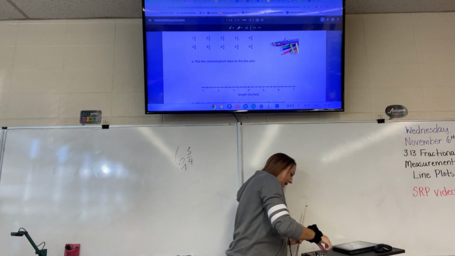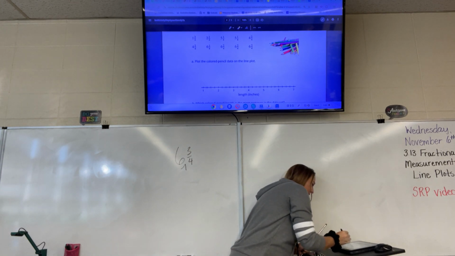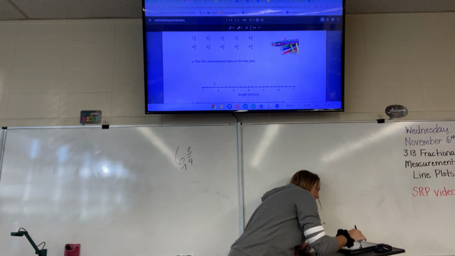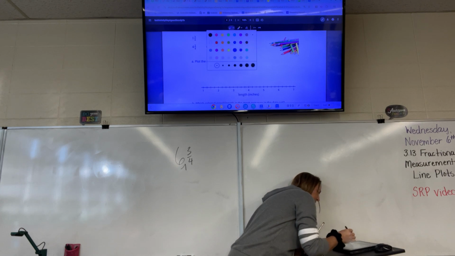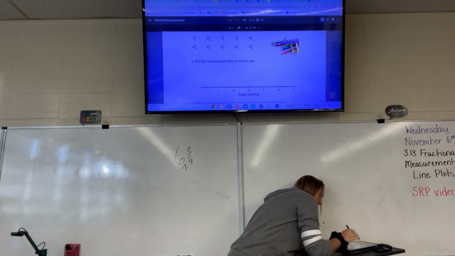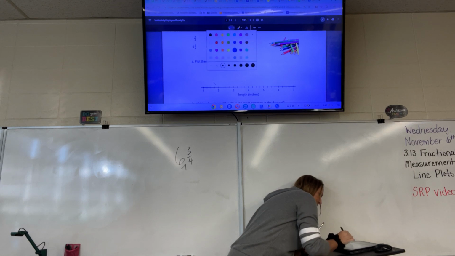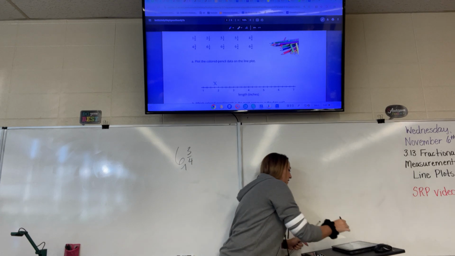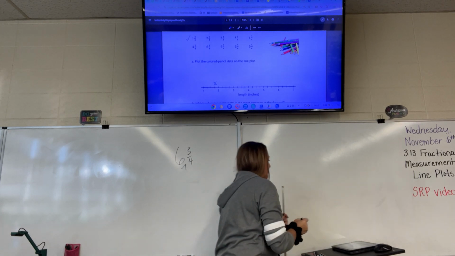So we're going to put an X above the tick mark that's right before the 2. Pick up your pencil now, Zarona. I keep forgetting to make this big enough. 1 3/4. Okay? And then we're going to make a tick mark because that one's done.